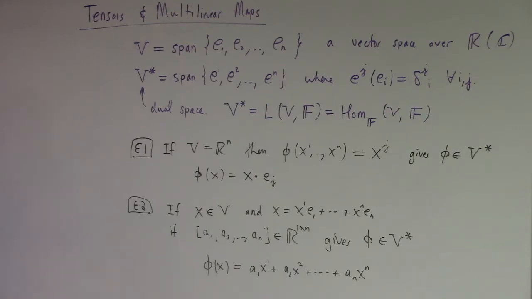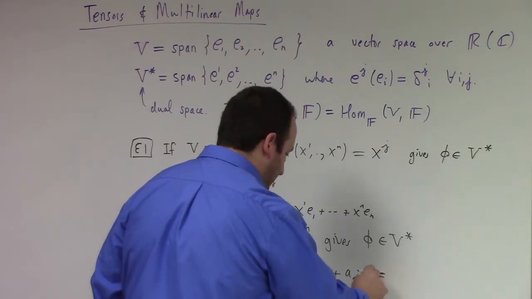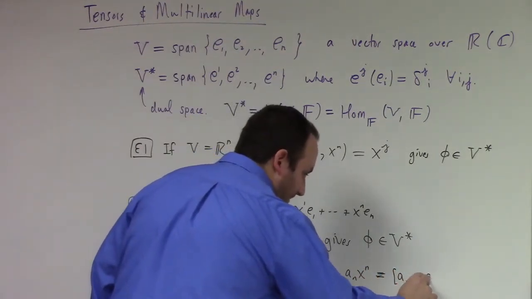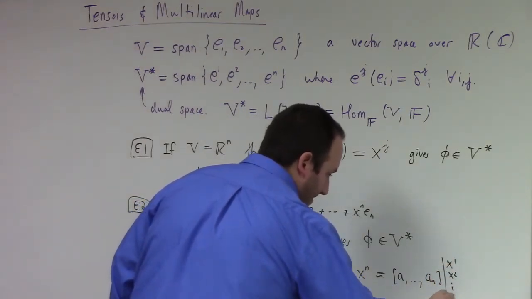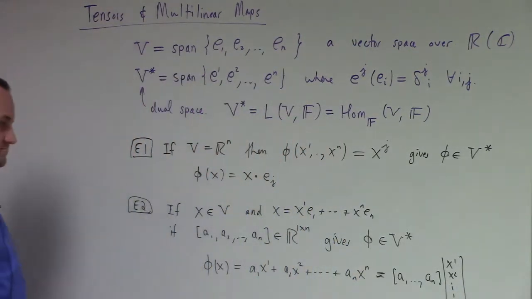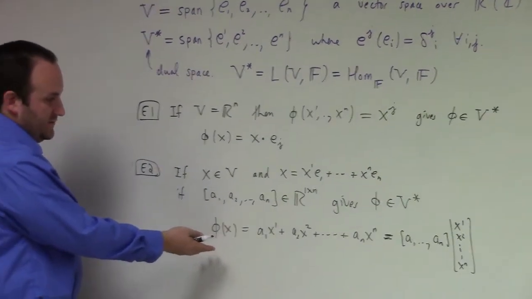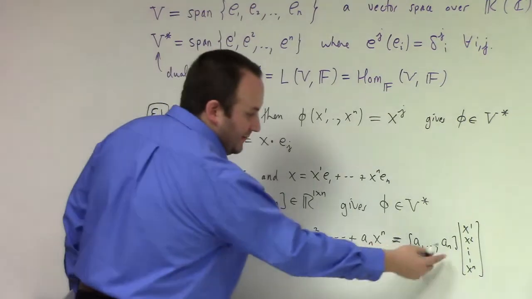I mean, this could be rewritten as, if we suppose V is equal to Rn for a second here, (a1 ... an) times (x1, ..., xn) like that. So you could think of phi as the dual vector which is associated to the row vector a1 through an.